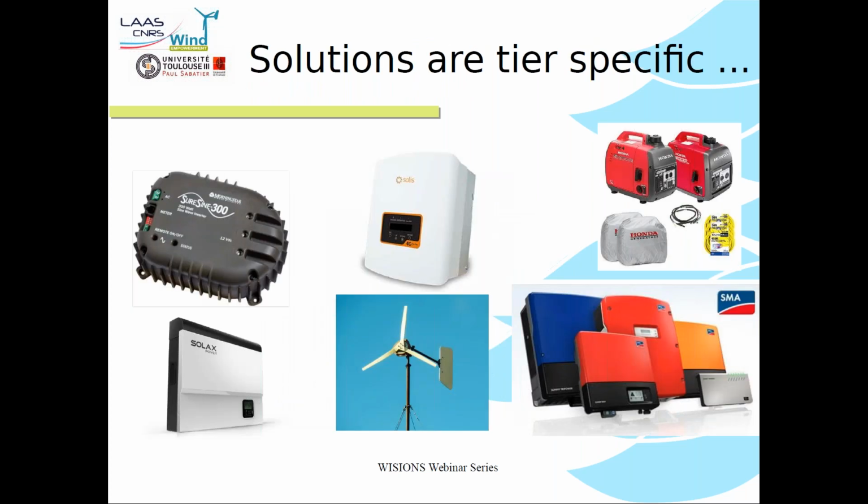So what happens in practice? In practice, the solutions that have been designed by market actors are tier specific. They answer a certain load profile and a certain set of specifications that correspond to a certain tier, that means a certain power, a certain voltage, a certain current, or a certain torque, a certain speed.